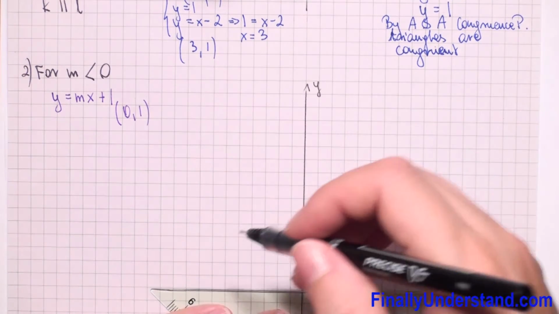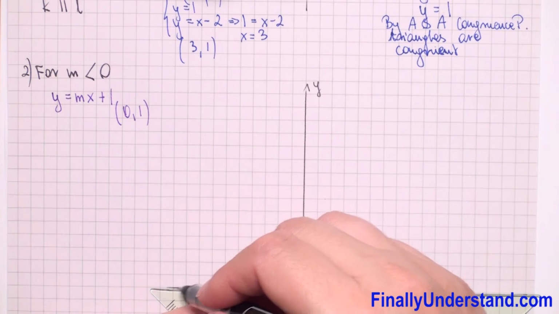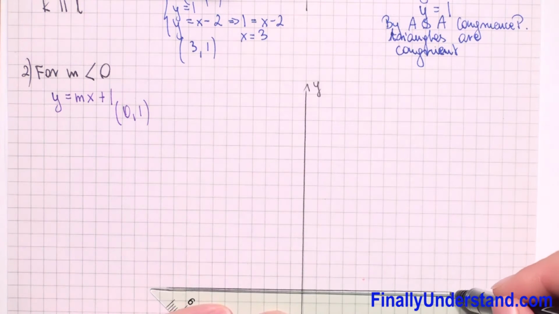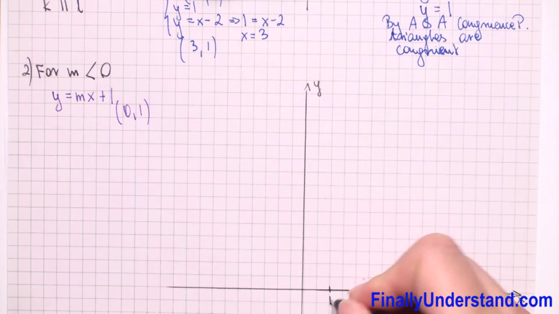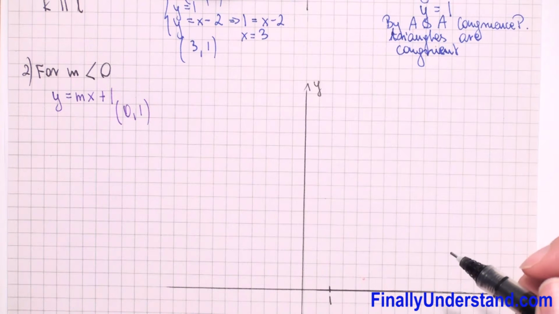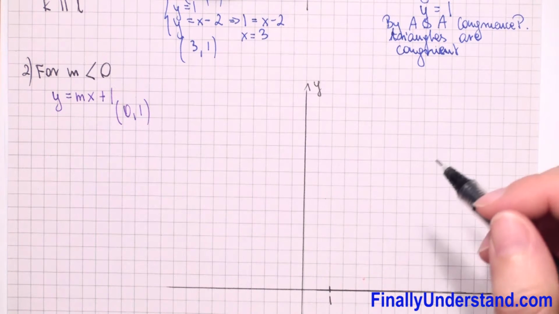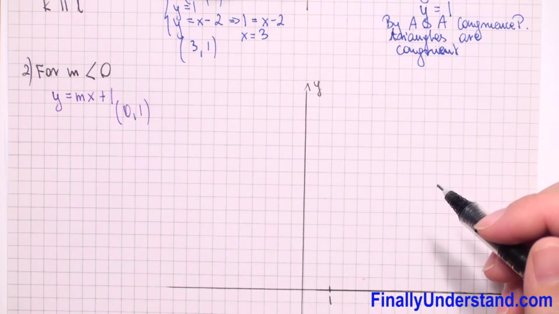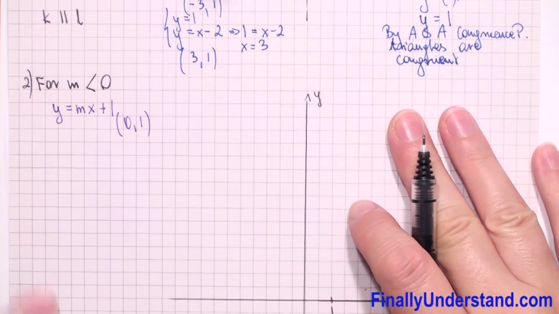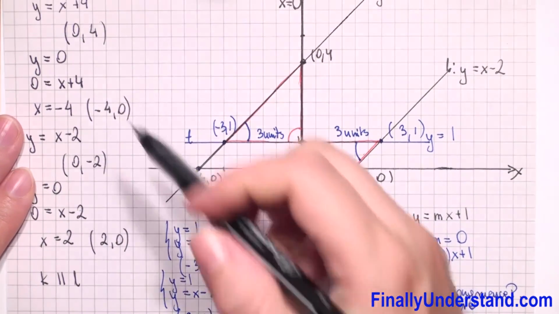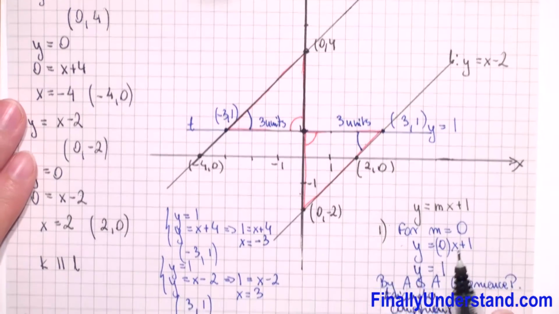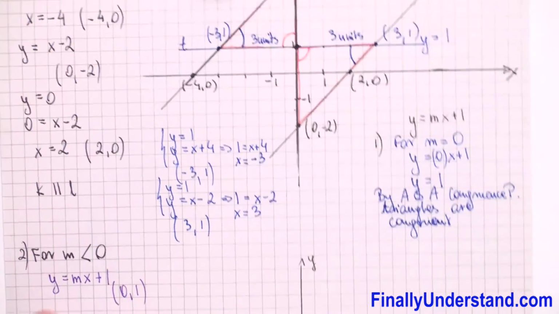This is our x-axis. We have to choose a unit, and we have to just copy these two lines, y equals x plus 4 and y equals x minus 2. We just calculate the points which we have to put on our xy plane.